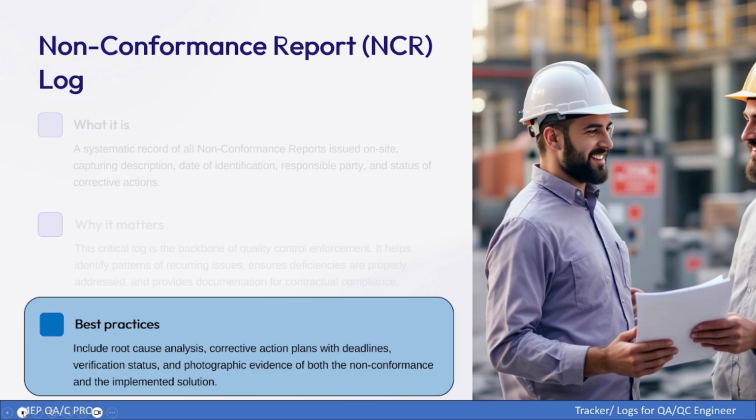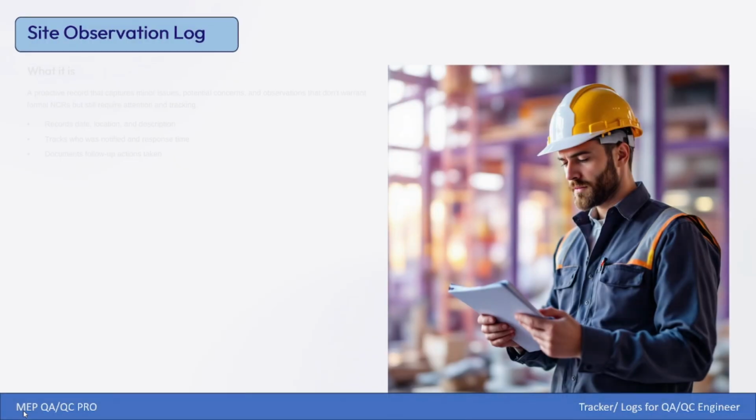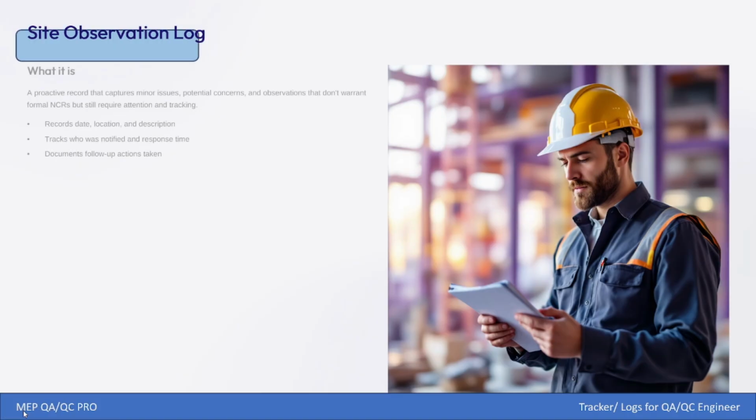Okay, the next one is the site observation, which is the same. Whenever you receive any SOR, it needs to be tracked with dates and locations, and from there you can understand why we are receiving SORs and for what reason. SORs need to be closed within a specific period of time.